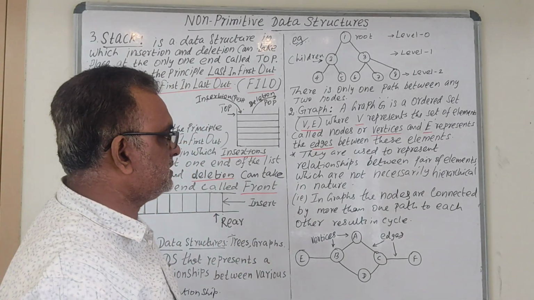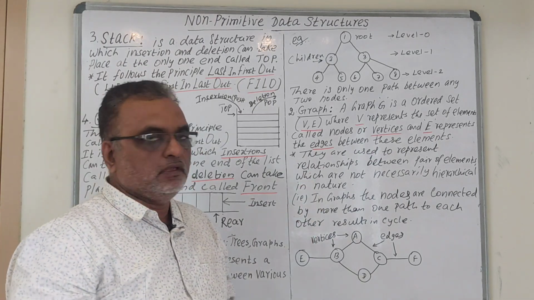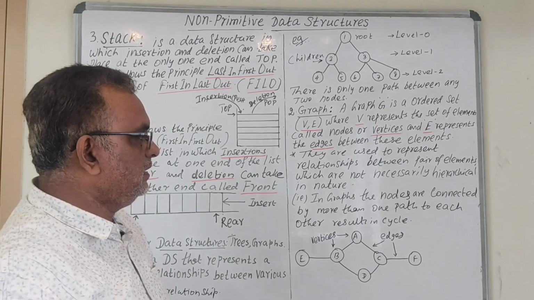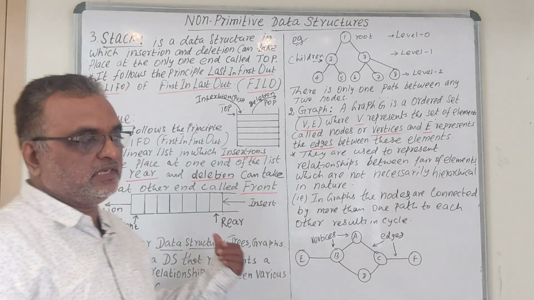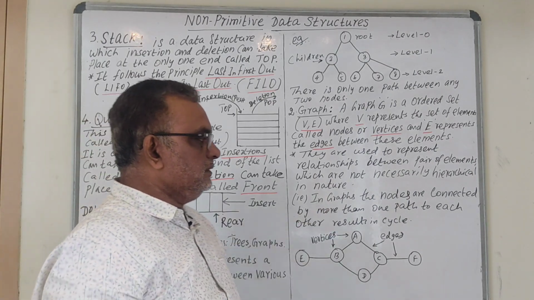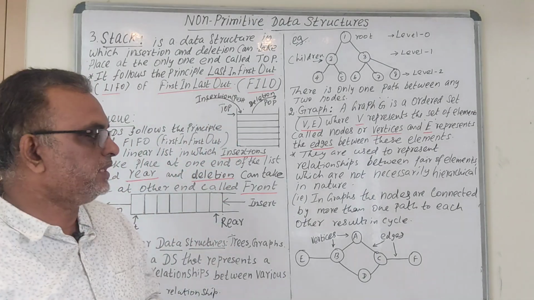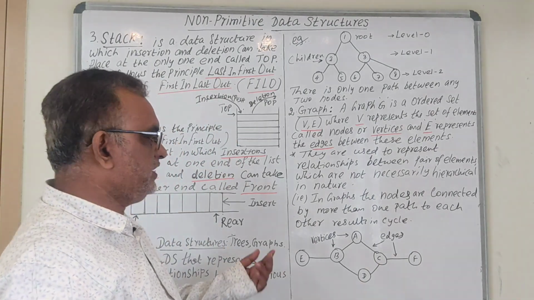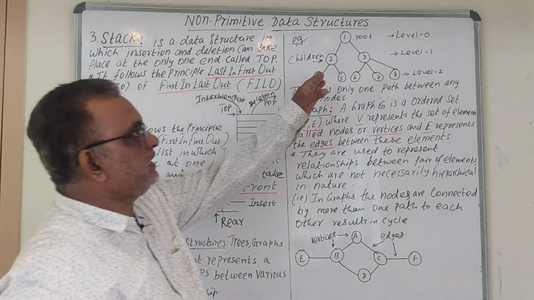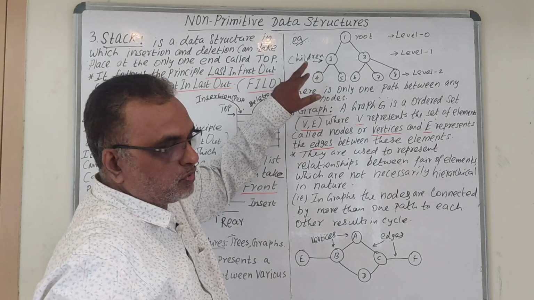They are used to represent relationships between pairs of elements which are not necessarily hierarchical in nature, different from the tree structure. In a graph, the nodes can be connected by more than one path, whereas in a tree there is only one path between two nodes.